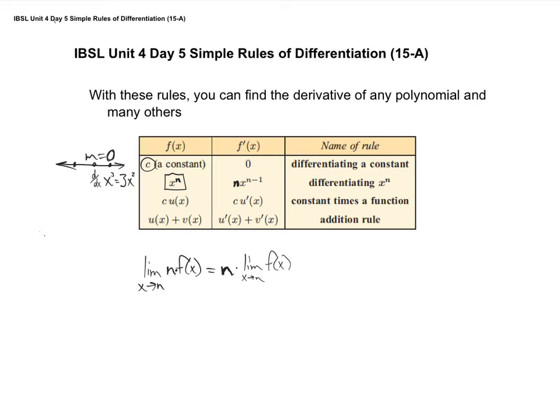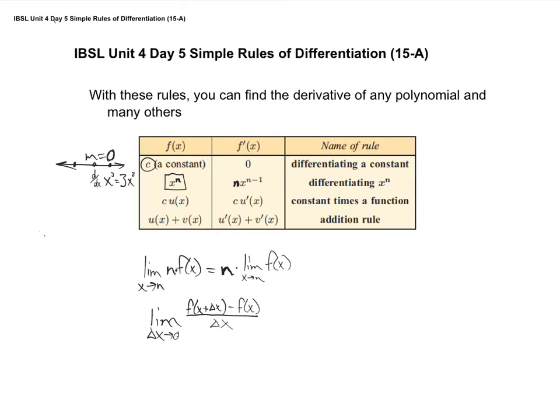Well, because a derivative is just a giant limit, it's the limit as delta x approaches 0 of f of x plus delta x minus f of x all over delta x.